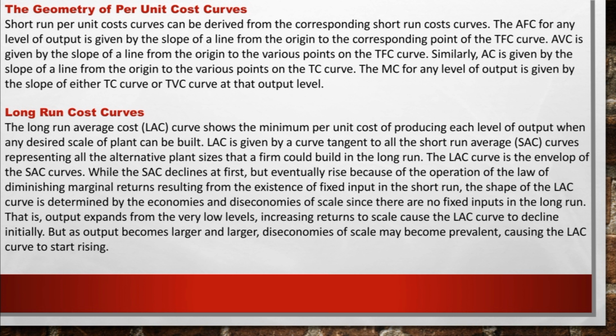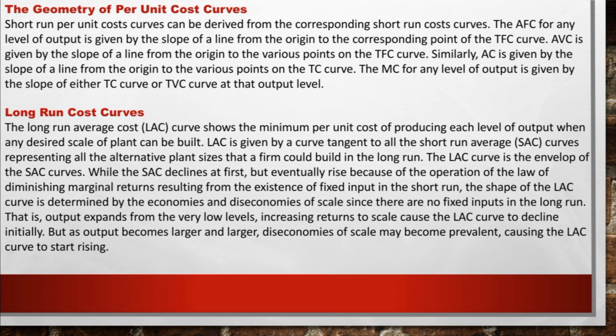AVC is given by the slope of a line from the origin to the various points on the TVC curve. Similarly, AC is given by the slope of the line from the origin to the various points on the TC curve. The MC for any level of output is given by the slope of either the TC curve or the TVC curve at that output level.